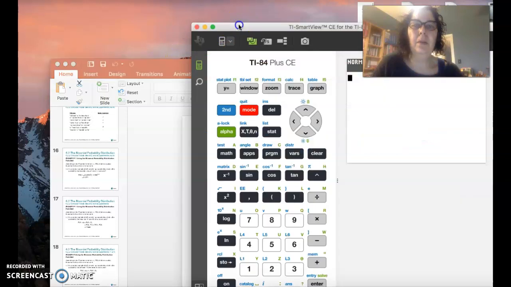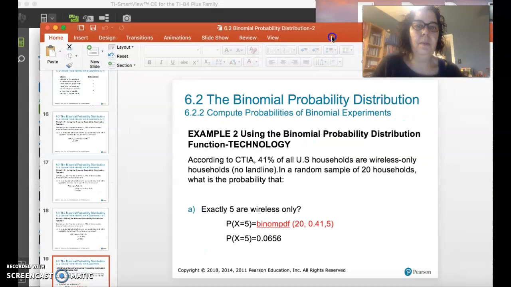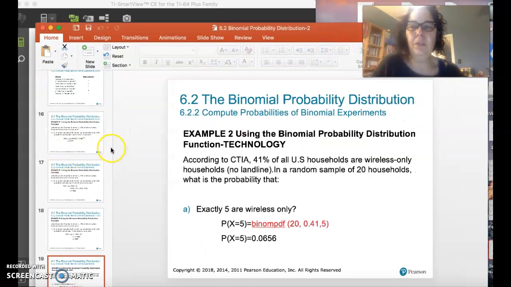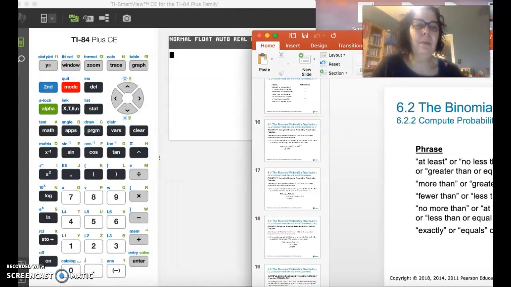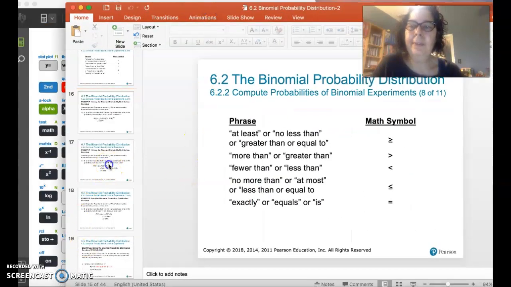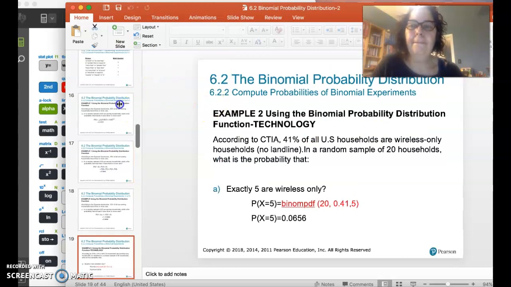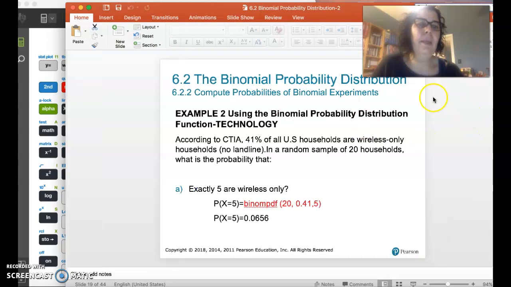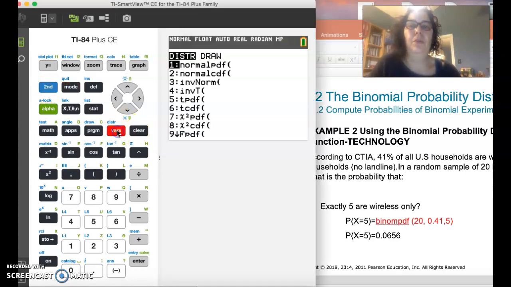I want to use the double screen so then you can see which number is going where. So on our calculator, we're going to second distribution.